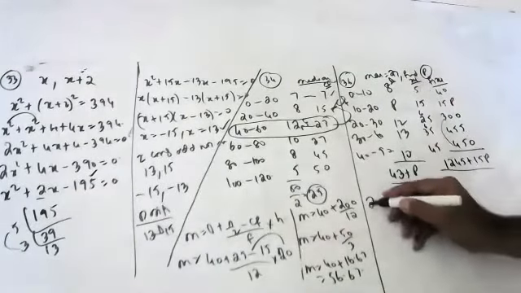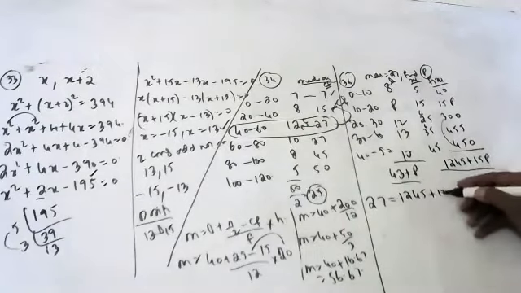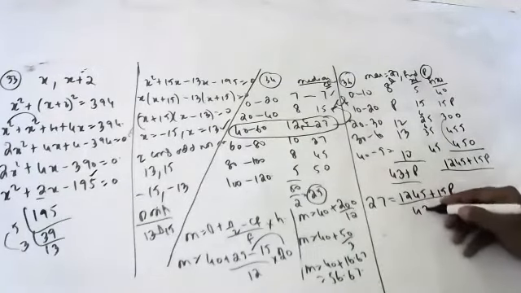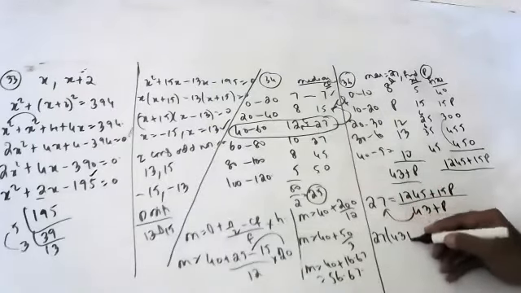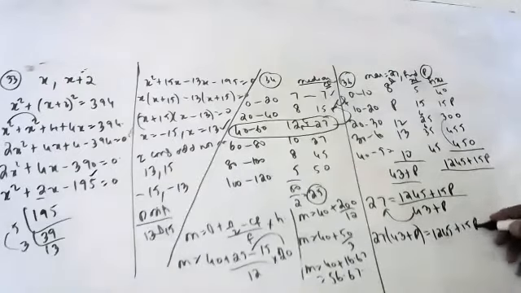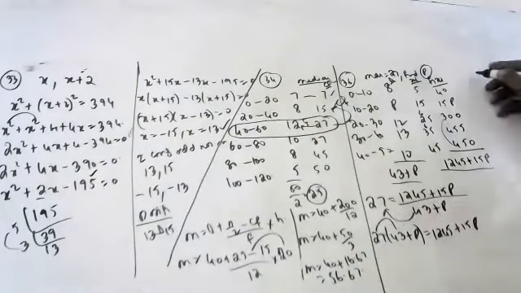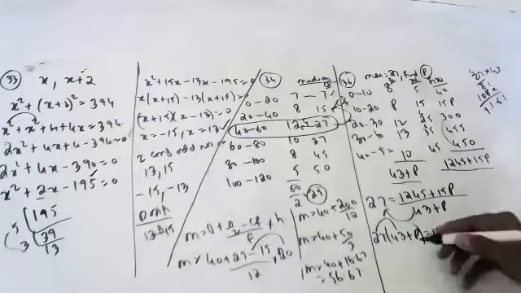So mean is how much, children? 27 is equal to sigma fi xi by sigma fi. So 27 into 43 plus p is equal to 1245 plus 15p. This into this, can anyone help me, children? 27 into 43 is how much, children? 1161.